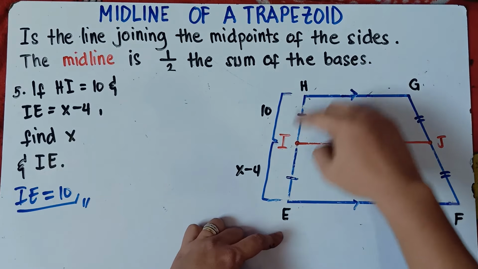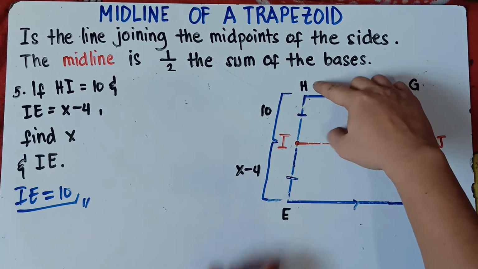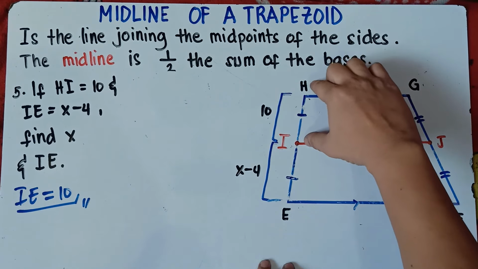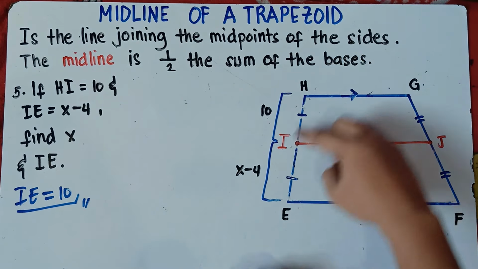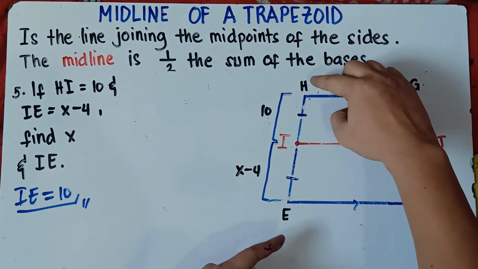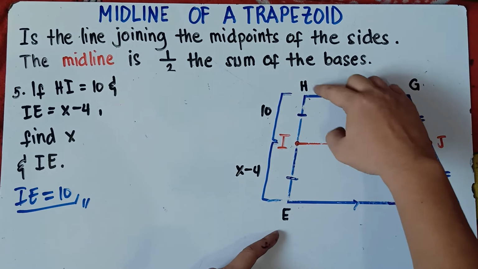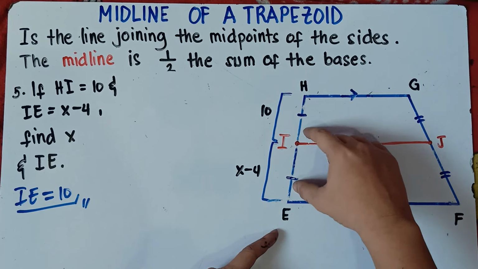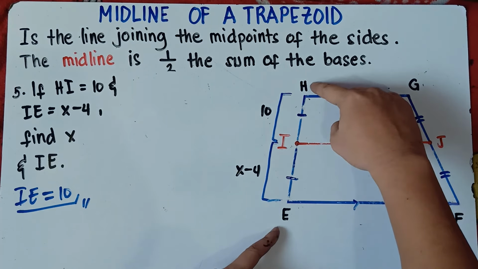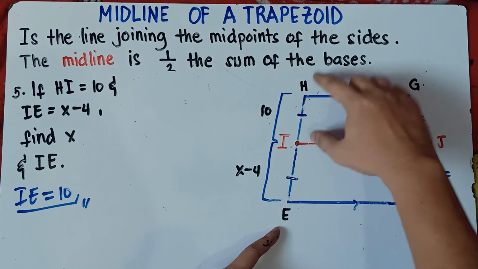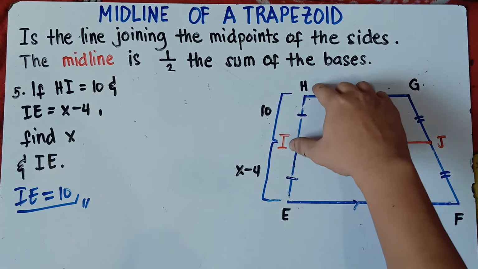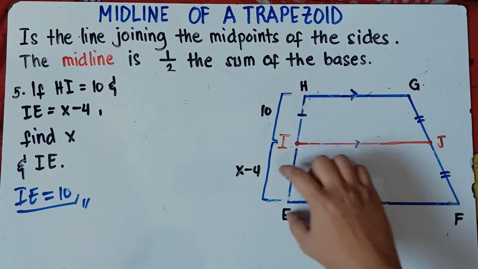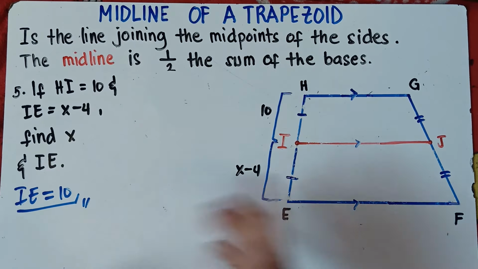Therefore, line segment HI is congruent to line segment IE, because I cut this line segment HE into 2 equal parts. So this side is congruent to this side. So if HI is 10, therefore IE is also 10. So you can answer it right away.